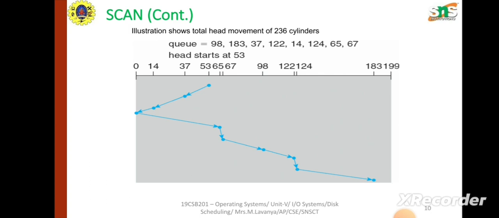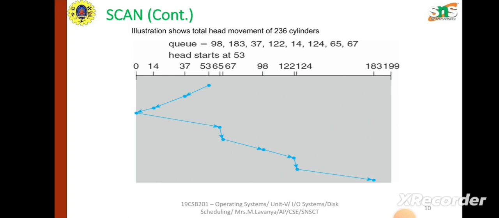and after that I am moving from 0 to 199. Initially I will write all the request queue sequence at the top, between the cylinders 0 to 199. 0 to 199 is considered because the total cylinder count is 200 cylinders.